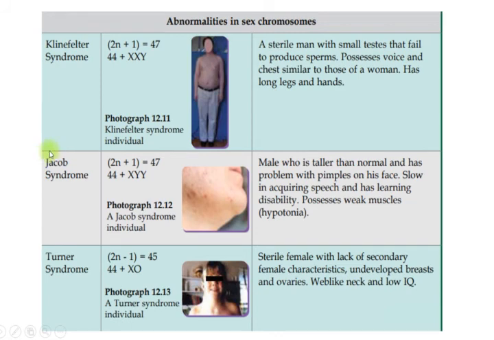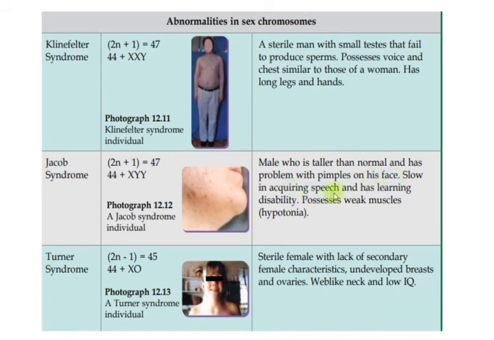Second one, Jacob syndrome. Jacob syndrome also has 47 chromosomes, 44 plus XYY. This person has an extra Y chromosome. A male who is taller than normal and has problems with pimples on his face.